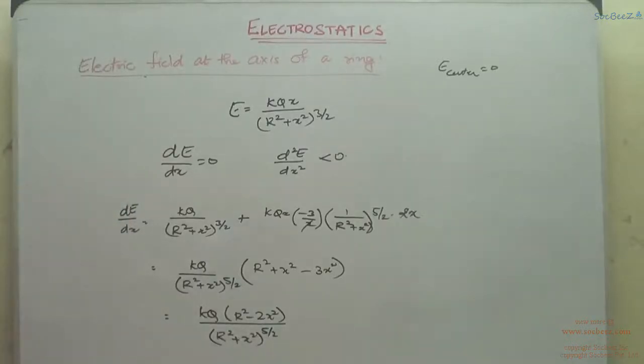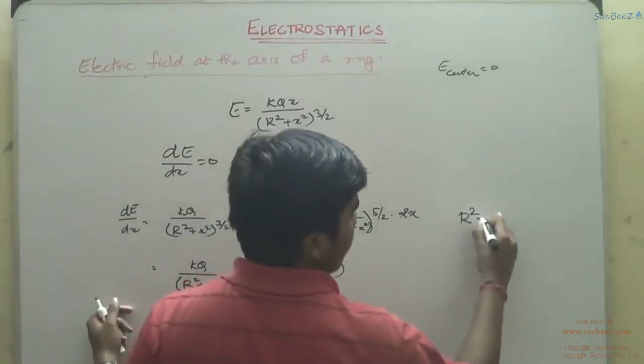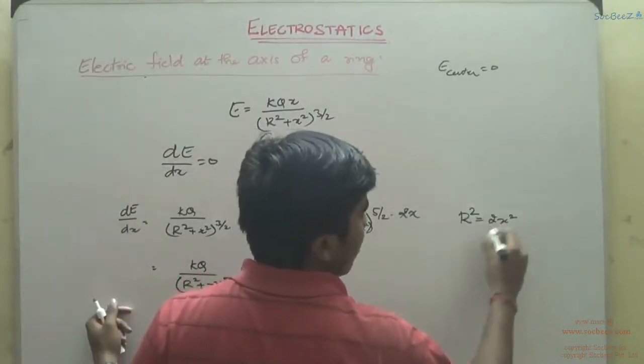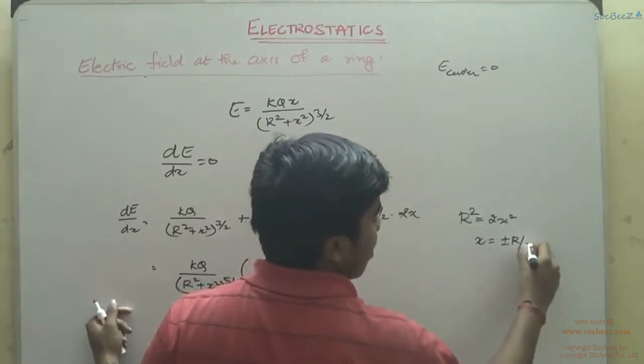Now, for the first differential to be 0 would mean that r square is equal to 2x square, which means x is equal to plus or minus r by root 2.